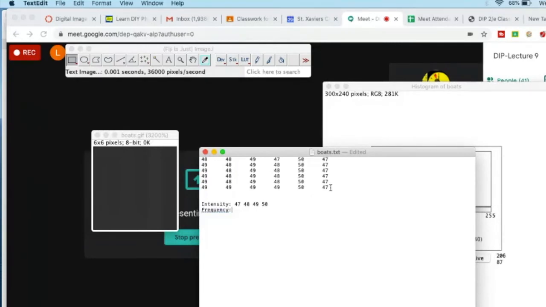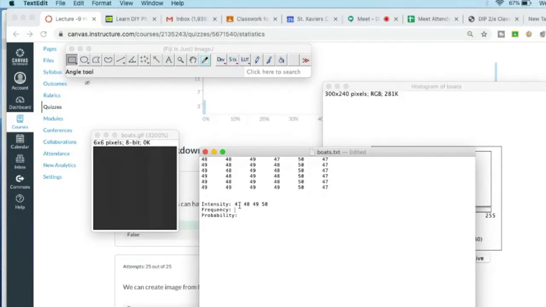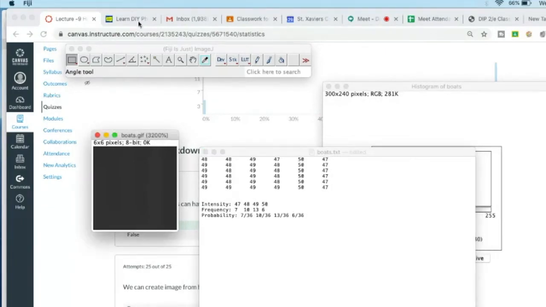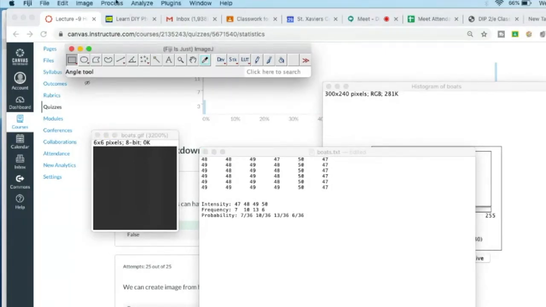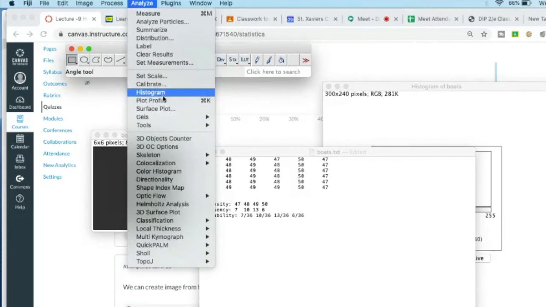Calculate. If I want to see how many times 47 is coming, you just need to count the occurrences of 47 in the image. So what will be the probability? 7 by 36. Next would be 10 by 36. You write it in decimal. 13 by 36. And last would be 6 by 36. Select this image and go to Analyze and click on Histogram.